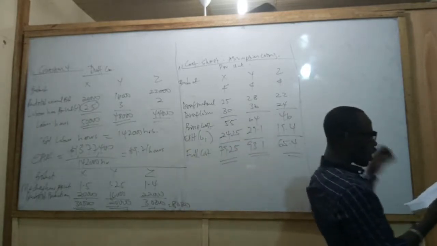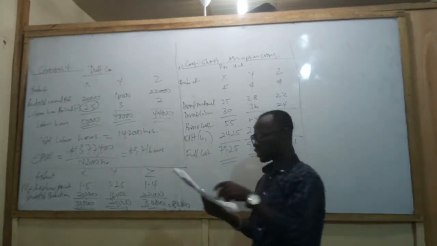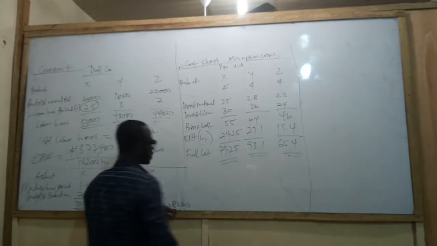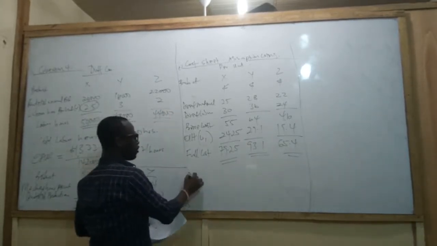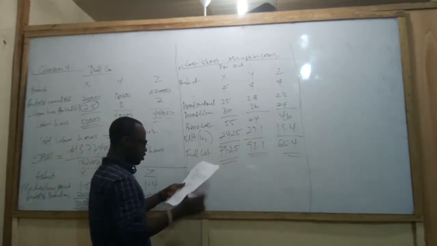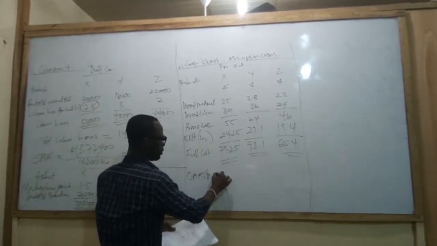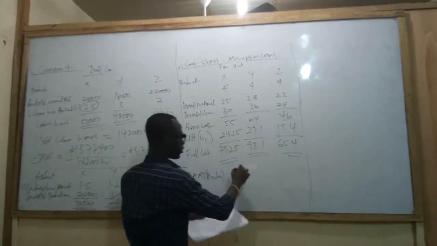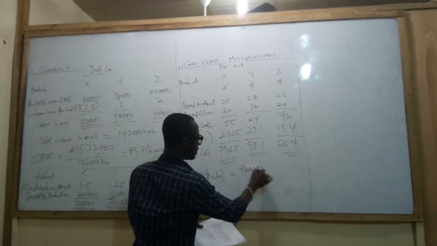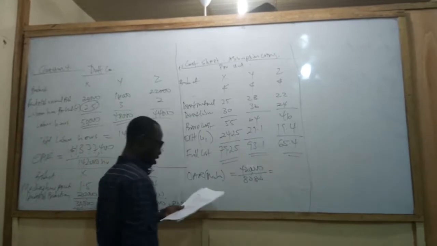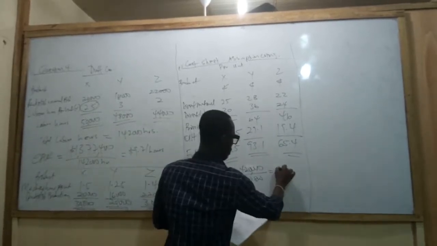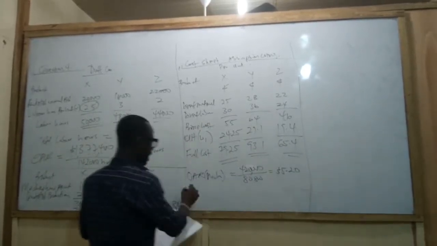I just want you to see, because running costs and general facility costs are all absorbed using machine hours, we add the two. Look at what I mean. If we calculate overhead absorption rates for machine running costs, what will it be? 420,000 divided by 80,800. What do we have? 5.20.